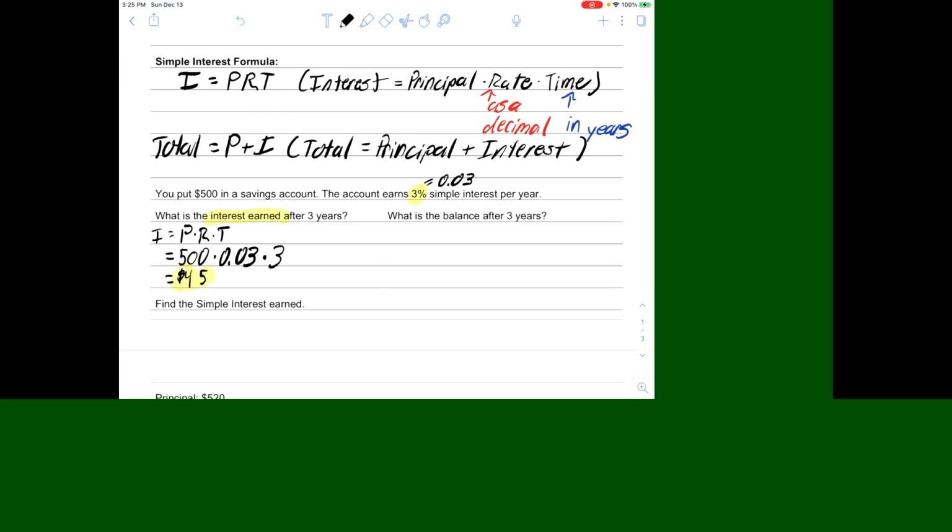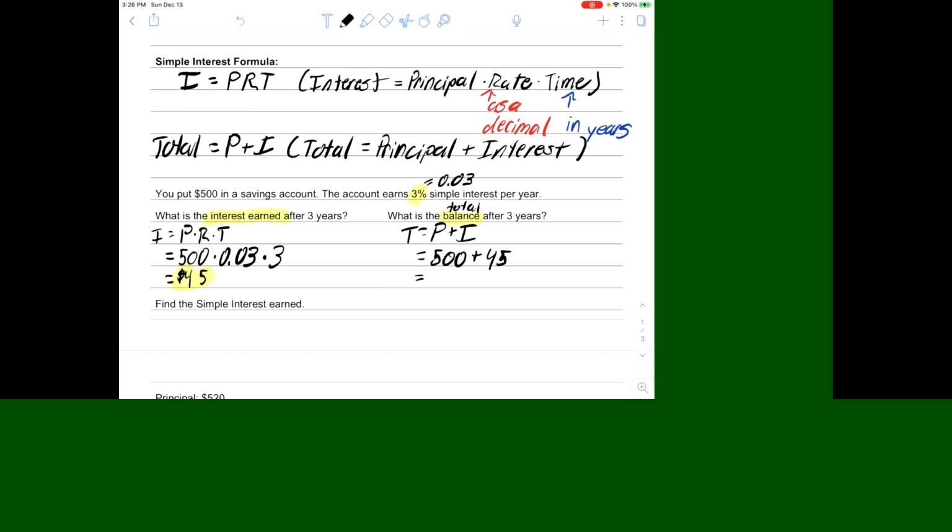Okay? So then my next question is, what is the balance? The balance, that just means the total. To find the balance, the total, my formula is that the total equals the principal plus the interest. In this case, my principal was $500. My interest was $45.